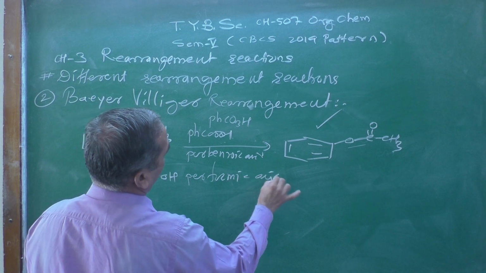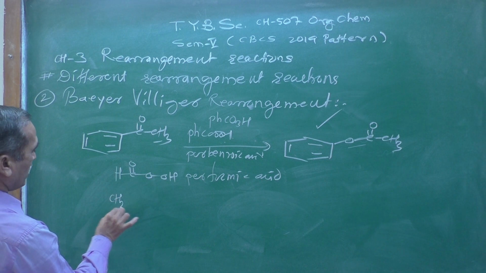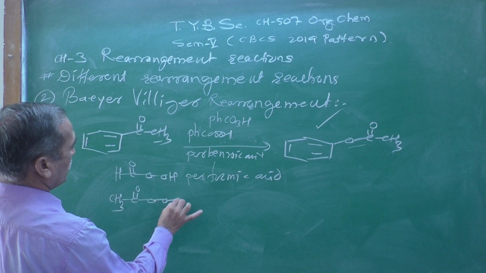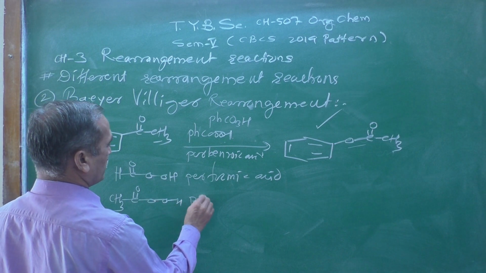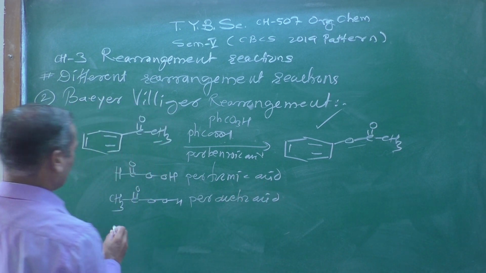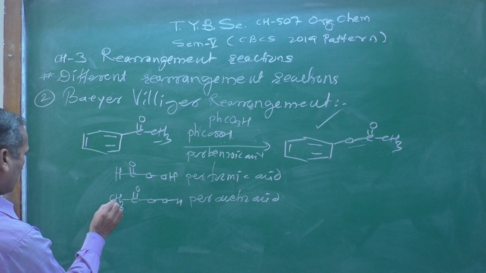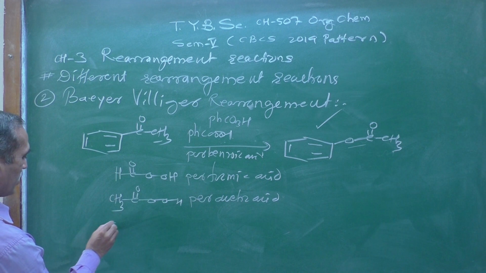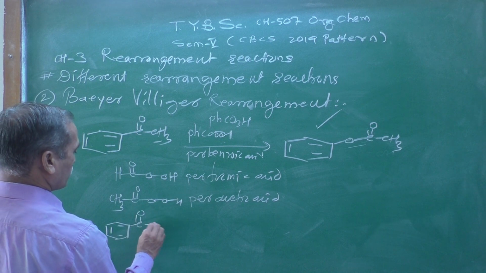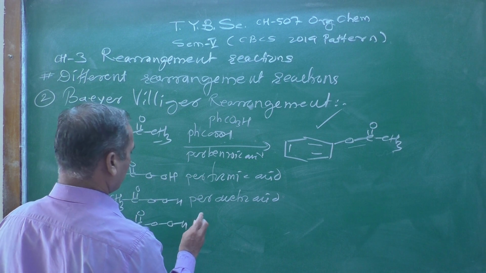If instead of the hydrogen atom there is a methyl group, you get CH3 C double bond O OH, known as peracetic acid. And if instead of the methyl group there is a phenyl group, then this one, known as perbenzoic acid.